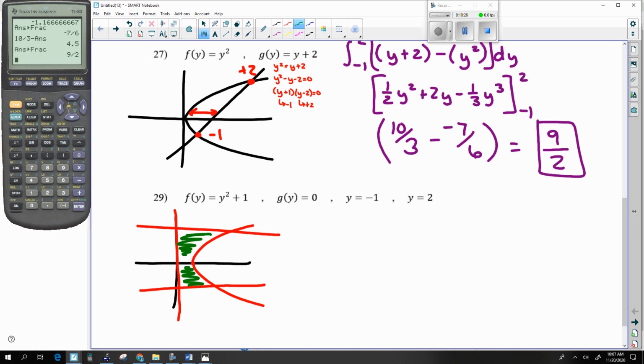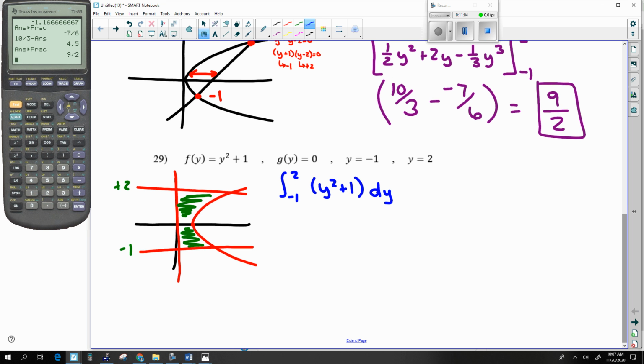All I have to do is integrate from negative 1 to positive 2 of the parabola minus nothing. Again, this would be way, way, way harder if you were to do it up and down style. Way harder. So this is the integral from negative 1 to 2 of the parabola. And going to the axes, so I don't have to subtract anything.